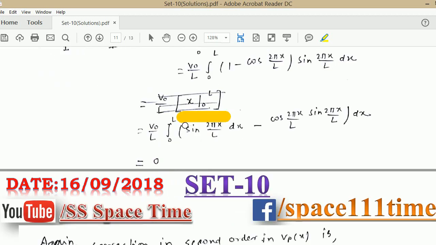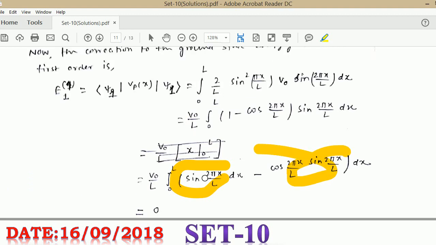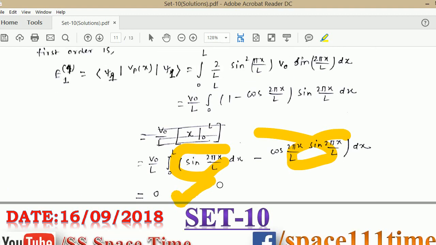This term produces 0, this term will also produce 0. So ultimately this term vanished.